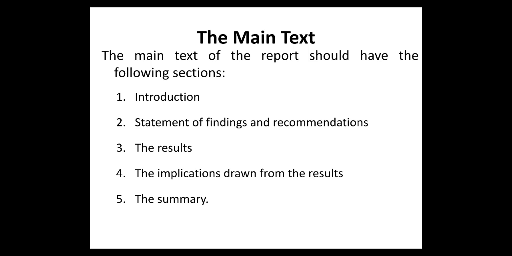It is like the researcher gives an overview of the research: maybe the title, the objectives, the data required or collected, the results, the findings identified throughout the research, and the major conclusions drawn from the results. That information should be included in the summary part. This is about the main text.